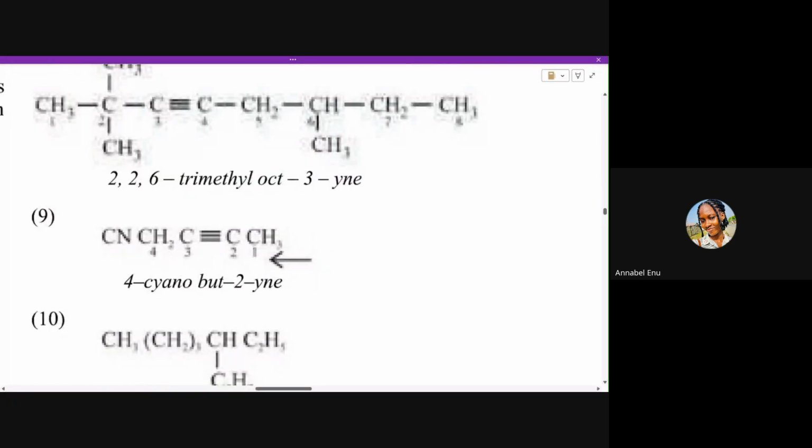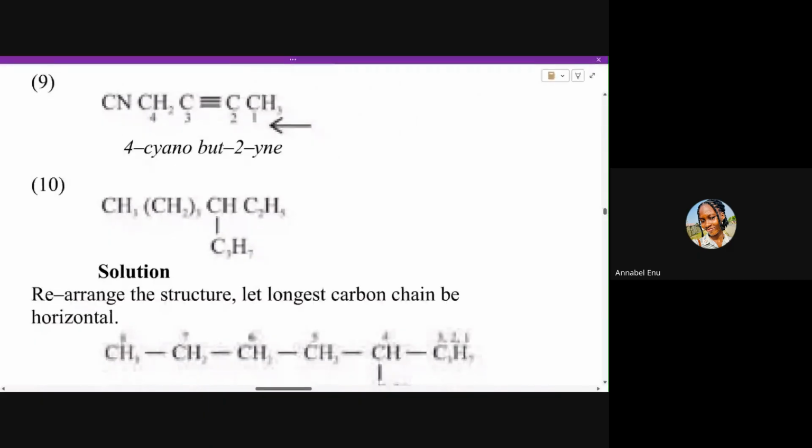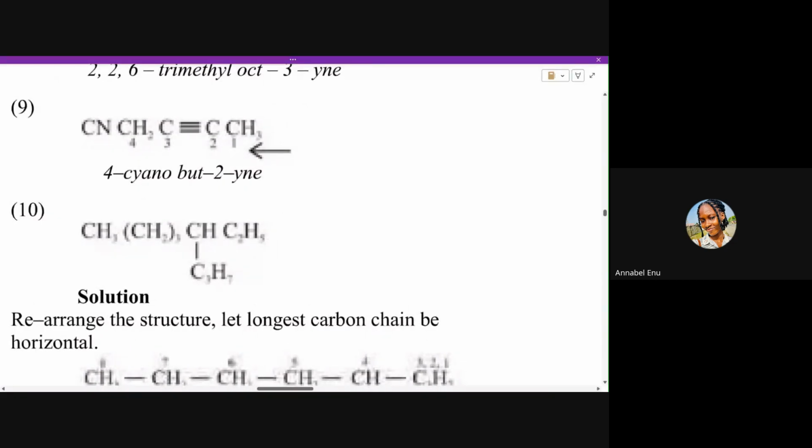Remember what we talked about the last time on trends, functional groups with more priority. So alkyne will have more priority here. And then this last one you can see here is the same thing as this.